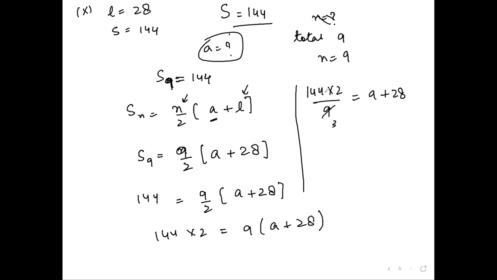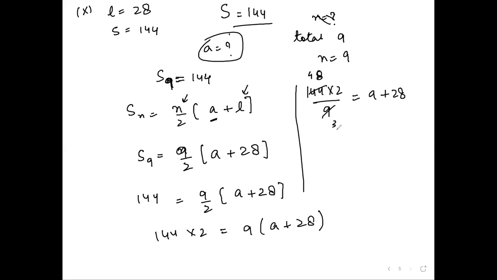So 3 into 3, and then 3 into 4 is 12, and then 24. So 3 into 8 is 24.